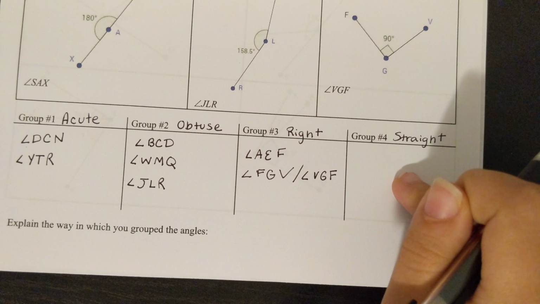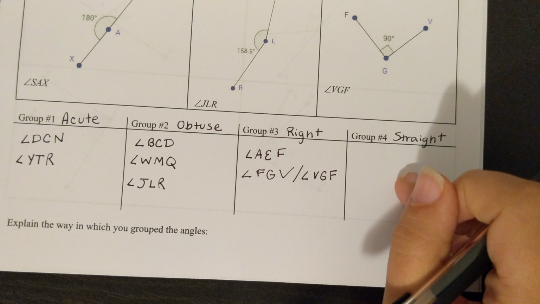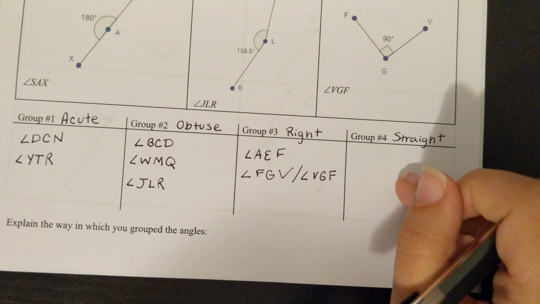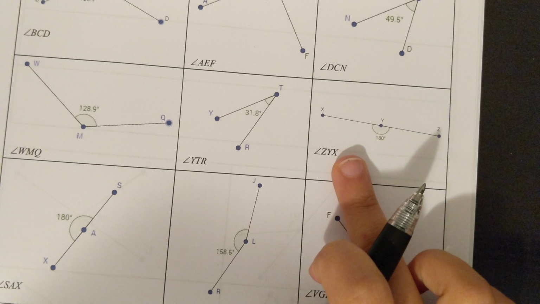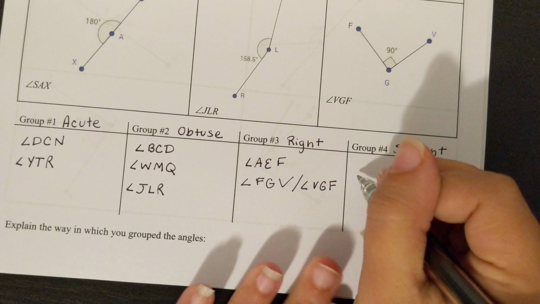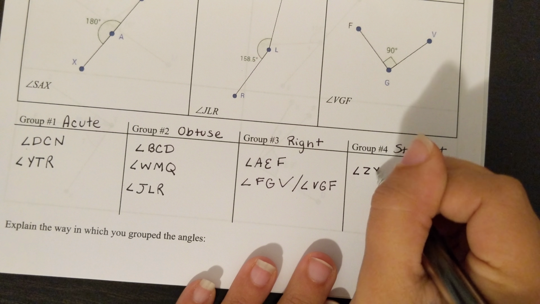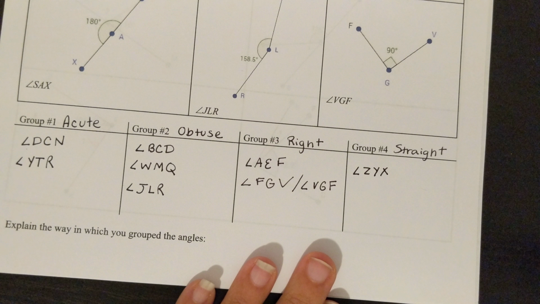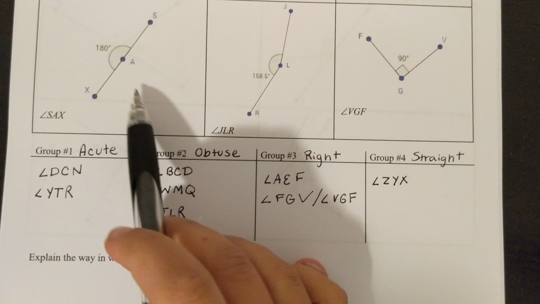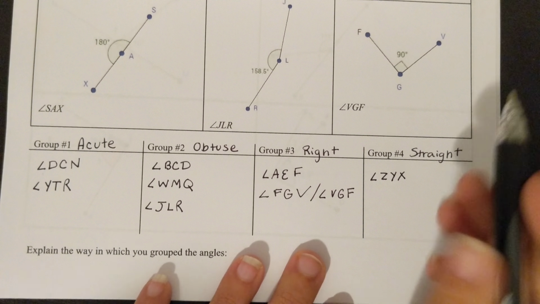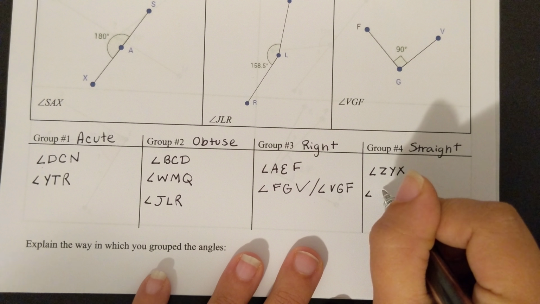The last group is straight angles. Those look like straight lines. They're 180 degrees. I have 2 of those. In the middle row, the last one, angle ZYX, is exactly 180 degrees. And in the last row, the first one, angle SAX, is also 180 degrees.